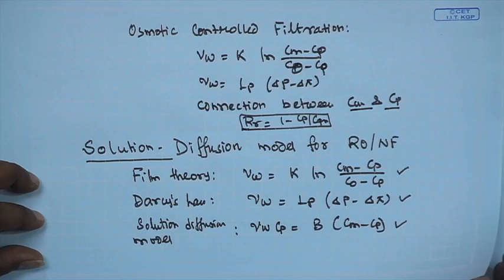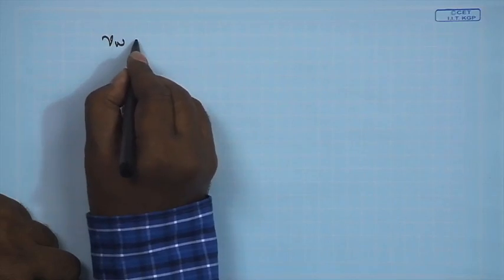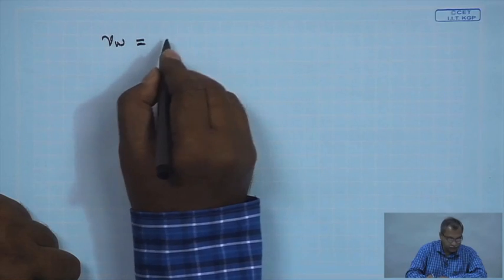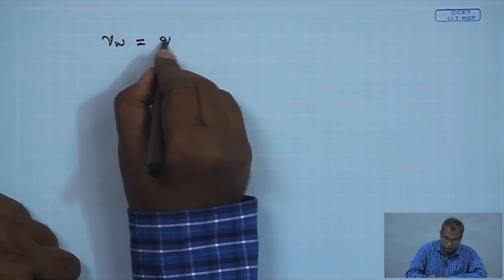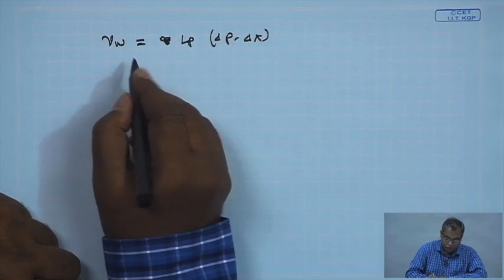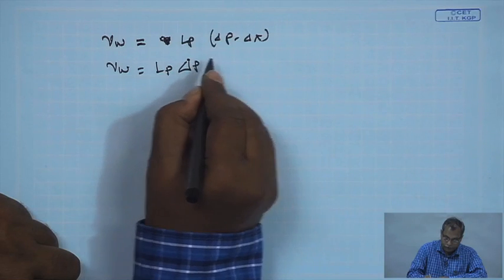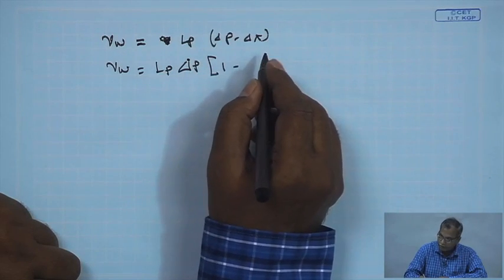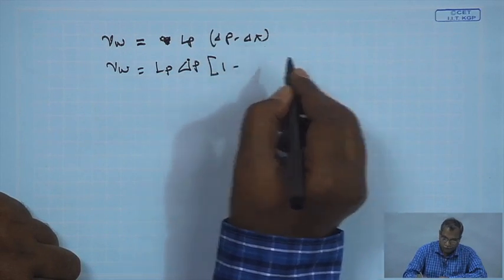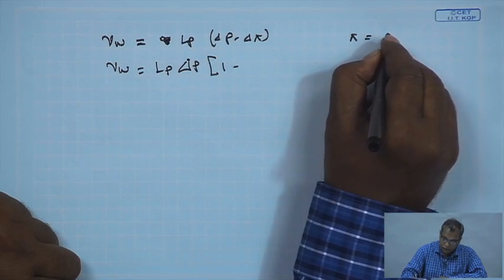So, I will just give a small algebraic manipulation in order to solve this set of equations. The solvent flux through the membrane can be written as Vw is equal to Lp (del p minus del pi). If you take Lp out, it will give 1 minus del pi, and let us say pi is equal to A c.